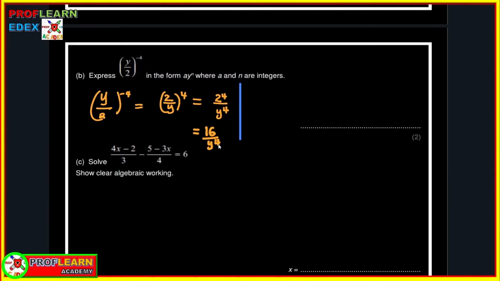But now see the question: give in the form a y raised to power n. We are not having a fraction there, so we have to express it in the form the question is expecting us to. If y was in a fraction, you take it up and you write a negative power. All right. Okay. Right.